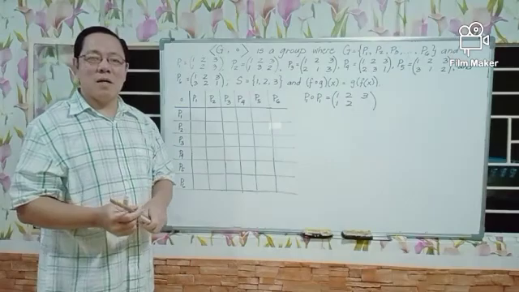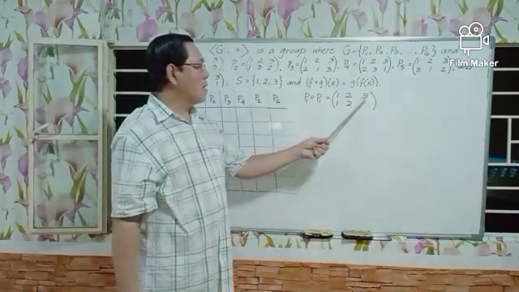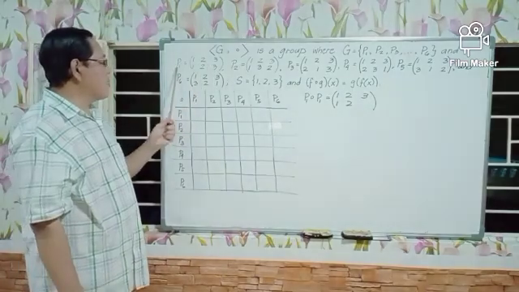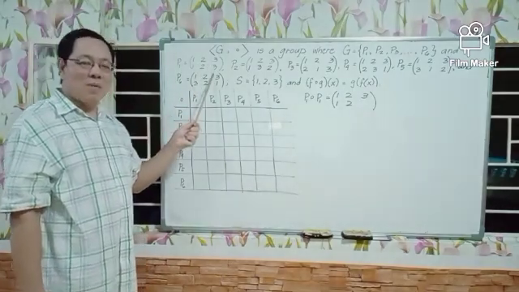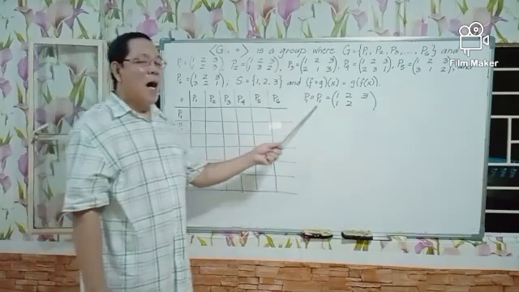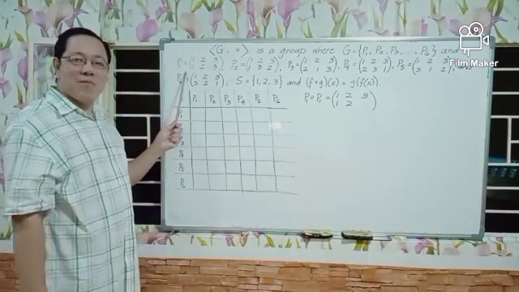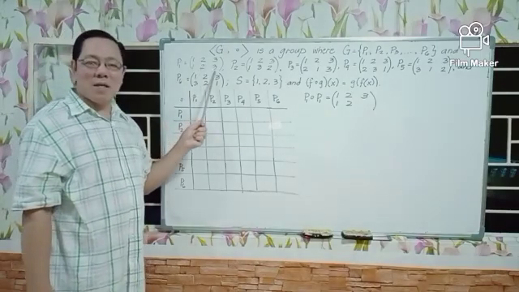Next, we find the image of 3 under the function P1. The image of 3 under P1 is 3. And again, we find the image of 3 under the function P1, and the image of 3 is again 3.